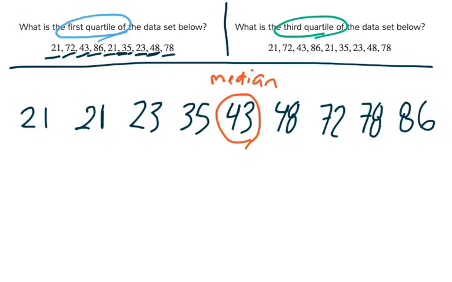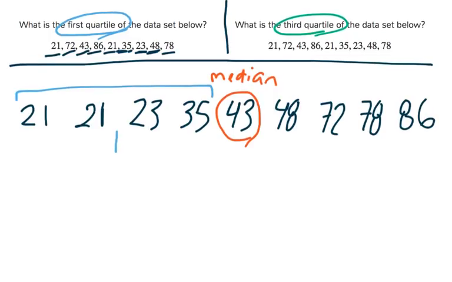Now to find the first quartile, I'm going to take the lower half of the data set below the median, so the numbers from 21 to 35, and I'm going to break this in half.